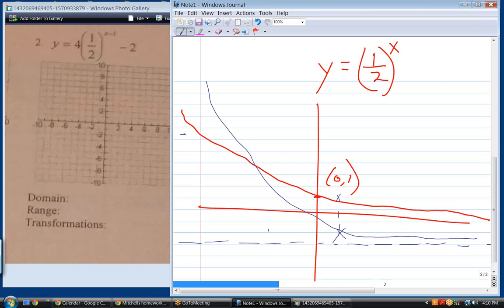Now, what would the y-intercept be? In other words, there's 3 key points on this function. We've got this one. We know that that is shifted right by 1 and shifted down by 2. Hold on.